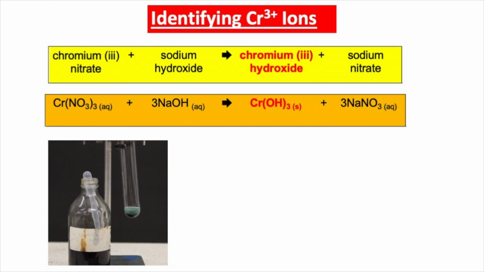So the state symbol of the two reactants is aq, because we're adding aqueous solutions together. And the precipitate, chromium 3 hydroxide, has a state symbol s, because it's an insoluble solid. And the other product, sodium nitrate, is also aqueous, because it's a soluble salt.